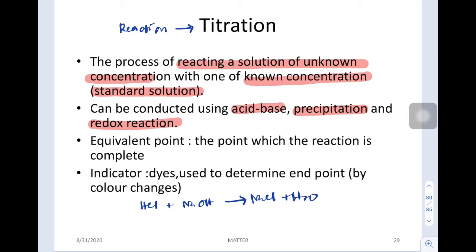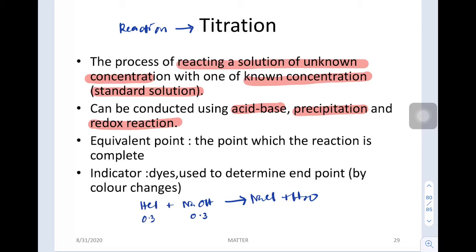We know that their ratio is 1 to 1 to 1 to 1. So if I have 0.3 mole of HCl, the equivalent point will be reached when I have added 0.3 mole of sodium hydroxide in the titration process.